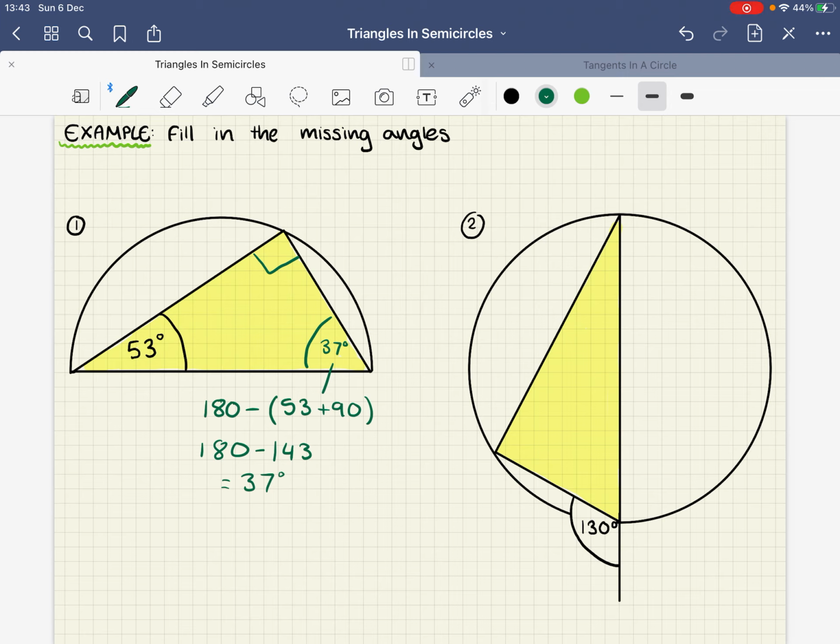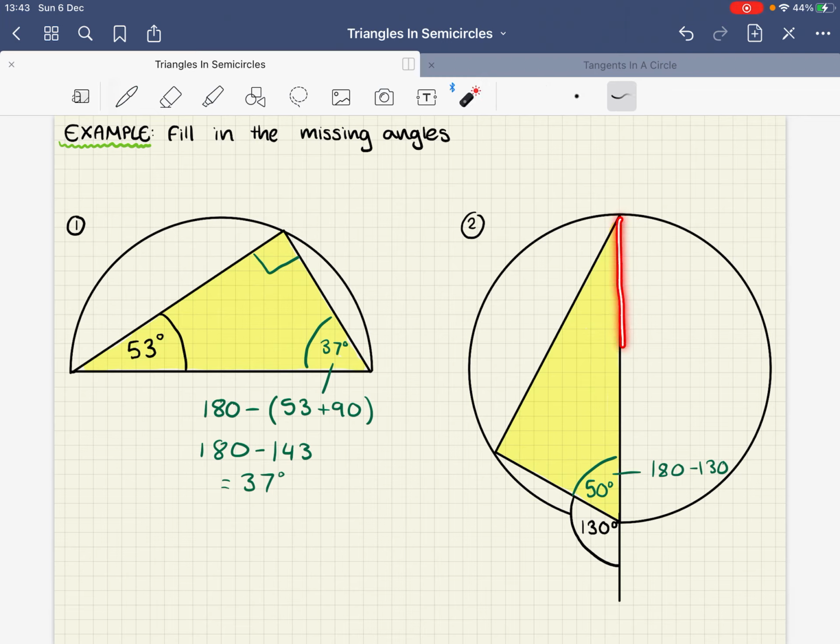Okay. So then the next one. So this time I've been given that angle on the outside. But remember, angles on a straight line must add up to 180. So I've got that 130 on the outside, and 180 take away the 130 is going to give me 50 degrees.